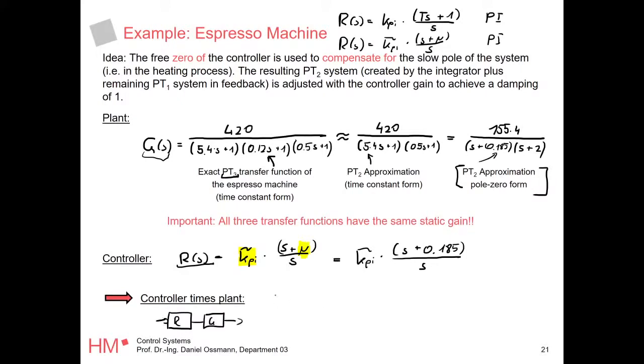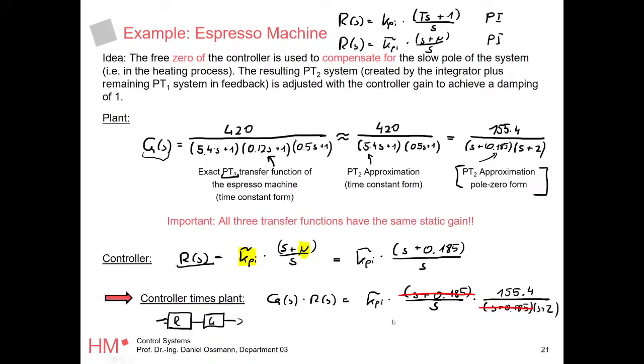It's just a simple multiplication, so we do G(s) times R(s), which is equal to K_PI times (s + 0.185) over s, times our system 155.4 over (s + 0.185)(s + 2). And now we can actually cancel.